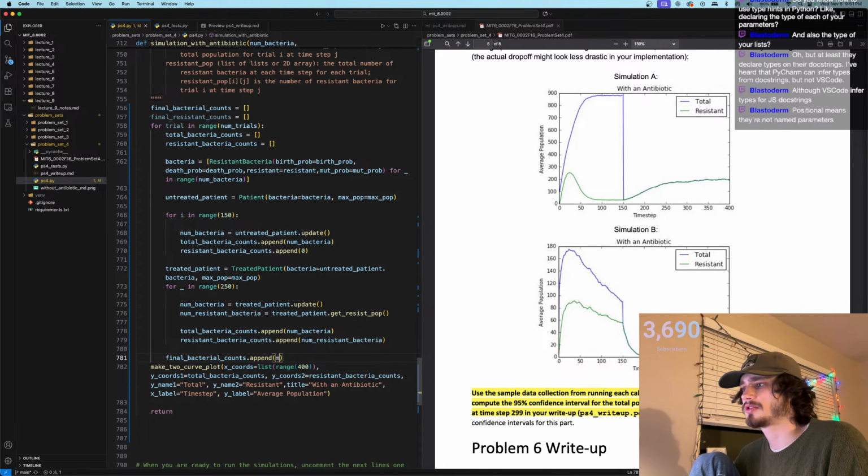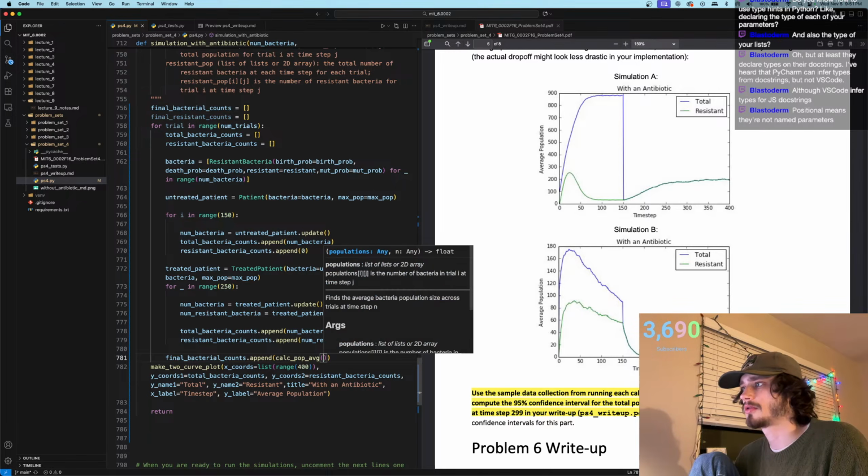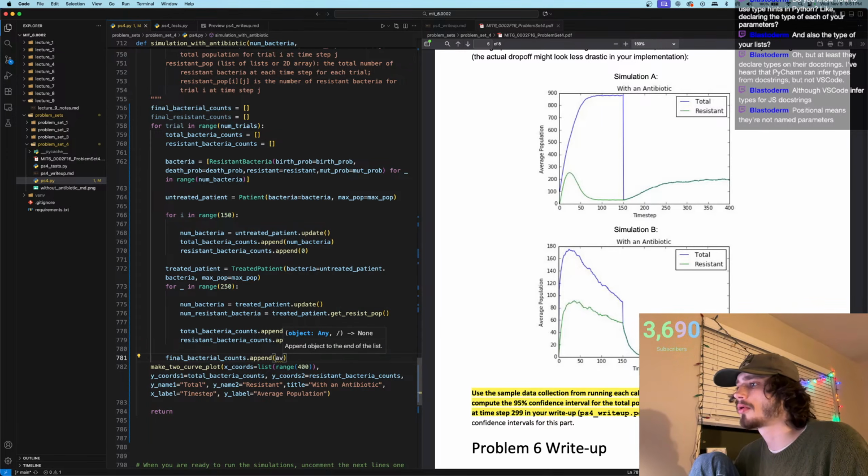Is there a mean function? I thought there was. Population average. No.